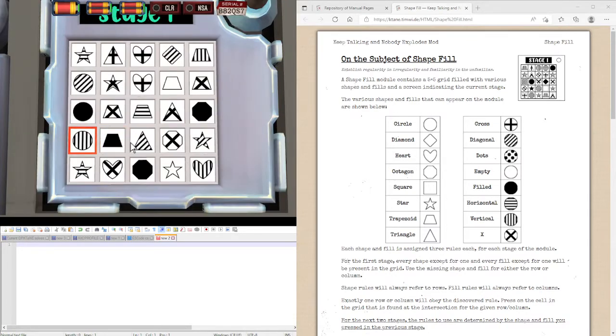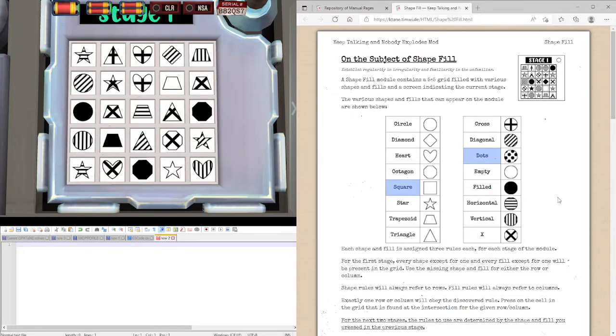We have circles, we have diamonds, we have hearts, we have octagons. Do we have a square? No. We do not have any squares. So that is our first observation. So in terms of the fills, cross, diagonal, no dots.